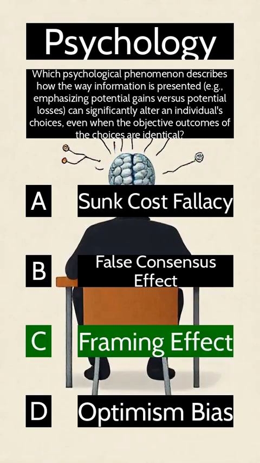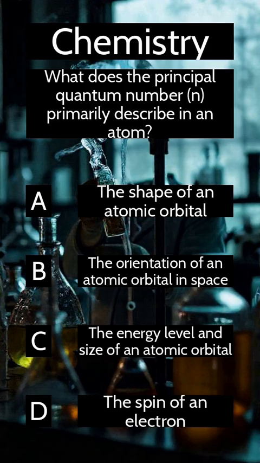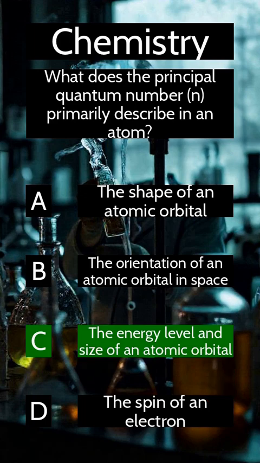Answer C. Framing effect. What does the principal quantum number, n, primarily describe in an atom? Answer C. The energy level and size of an atomic orbital.